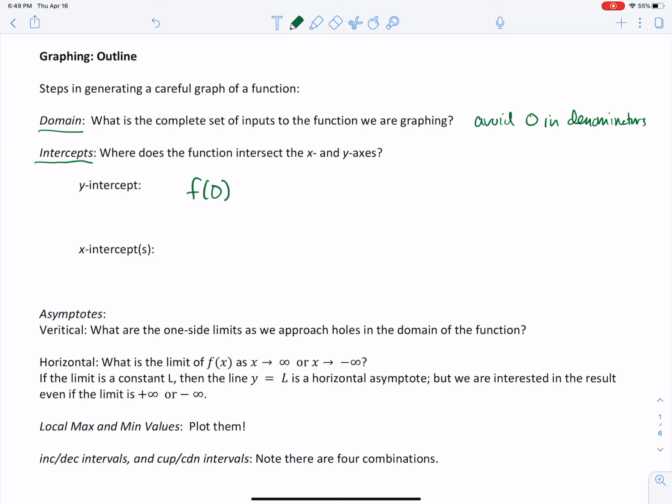And to find x-intercepts, we want to solve f of x equal to 0. So we'll set our functional value equal to 0 and solve for those coordinates. So that'll tell me where the graph intersects the y-axis, and where it intersects the x-axis.